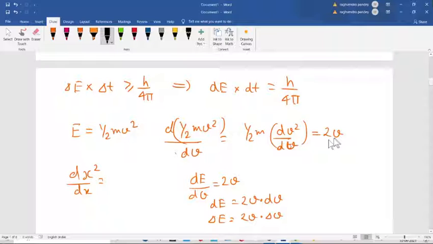Which is the correct relation for the hydrogen atom in terms of lambda and n?